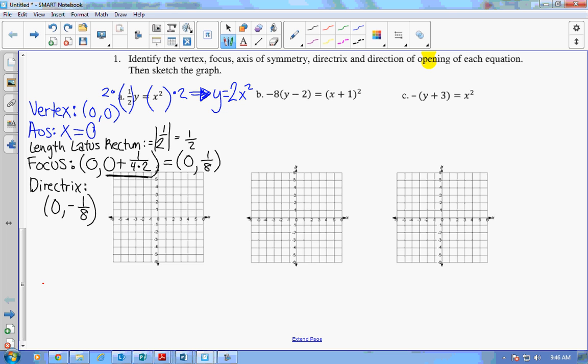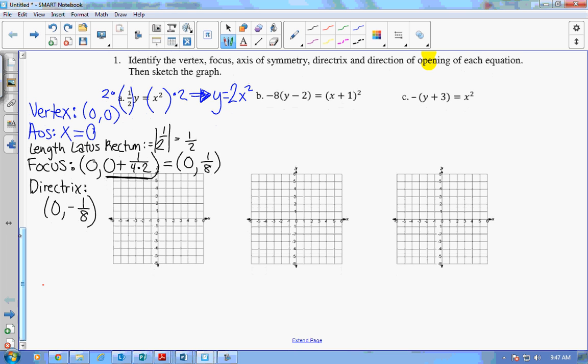Okay, let's just go down in order of what we know. We know the vertex is 0, 0, so take a color, plot 0, 0, and label it V. You can do different colors if you want.